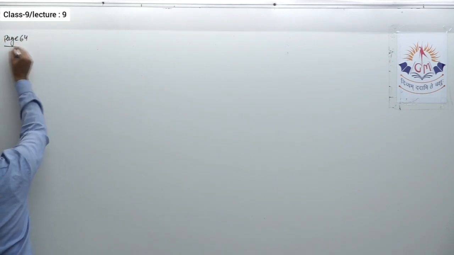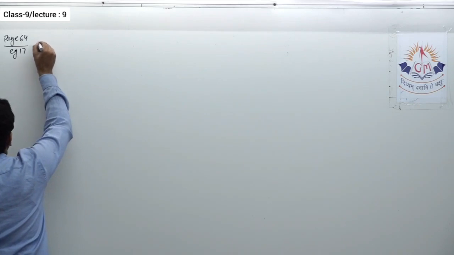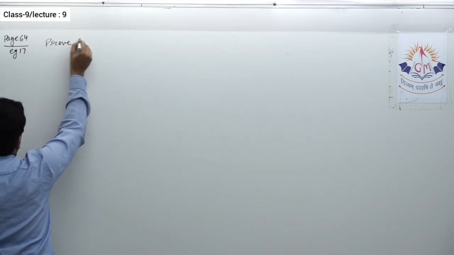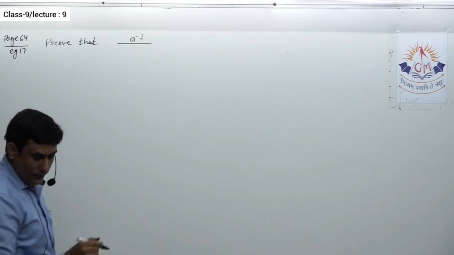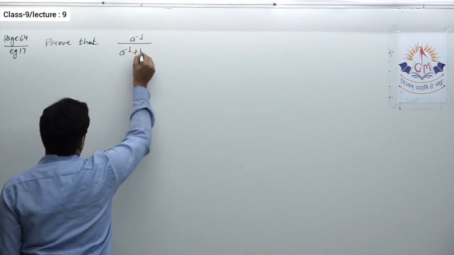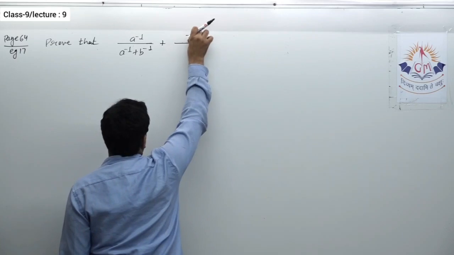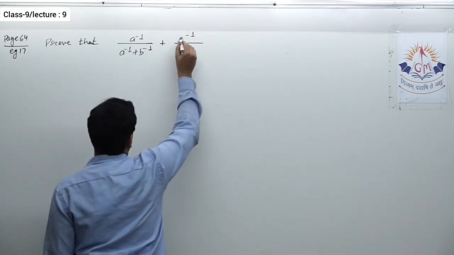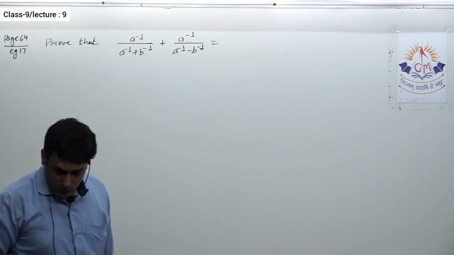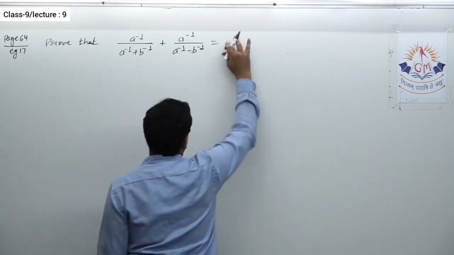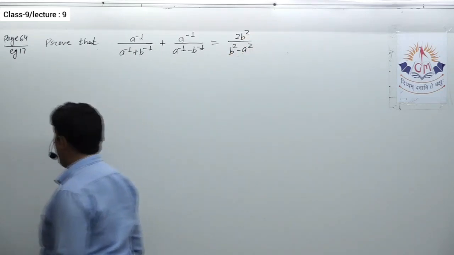Question is, prove that a raised to minus 1 upon a raised to minus 1 plus b raised to minus 1, plus again we have a raised to minus 1 upon a raised to minus 1 minus b raised to minus 1 is equal to 2b square upon b square minus a square. Okay, that you have to prove.